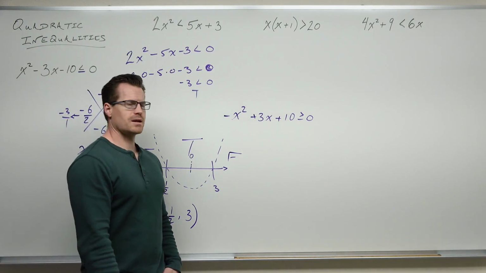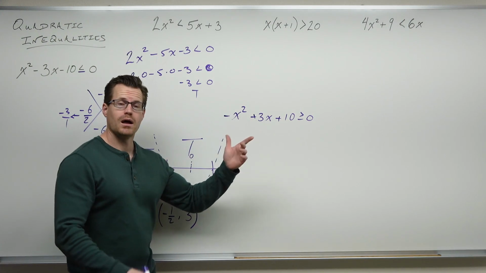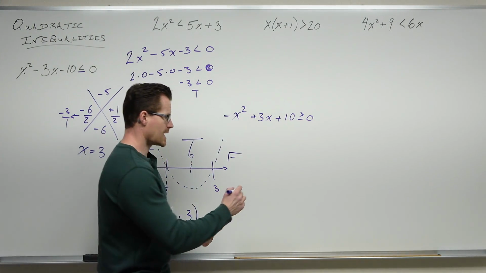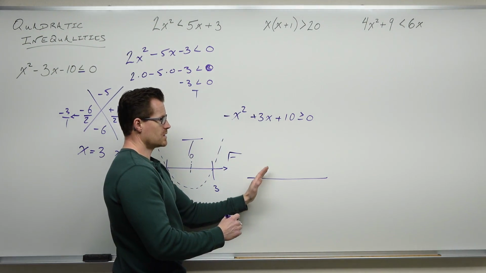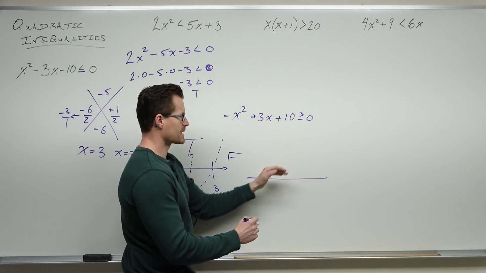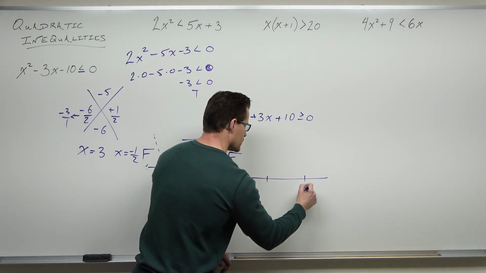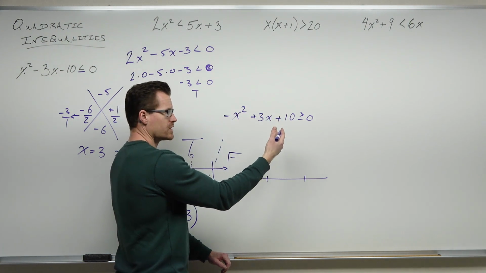So if I said, hey, I want to get everything on one side in order first term positive, that's not positive. What is that? That's a downward opening parabola. What's that? We're asking where it's above the x-axis. So this picture would be a downward opening parabola above the x-axis. Could you still find out where it crossed the x-axis? Yes, but we'd factor a negative, or we'd change all our signs.